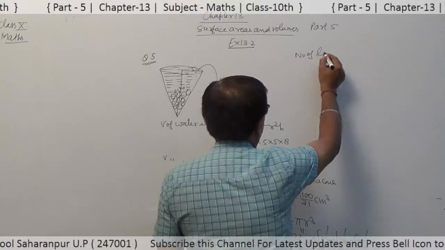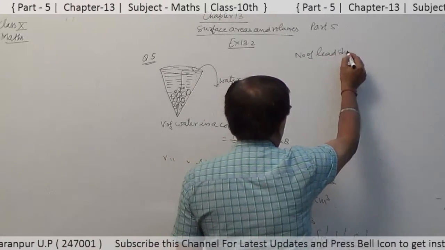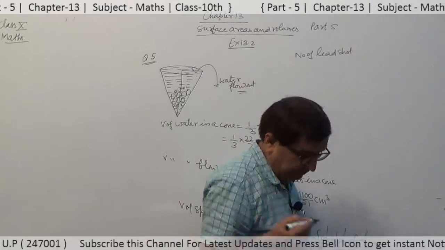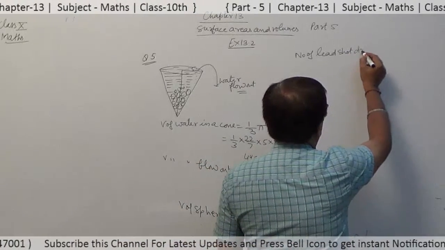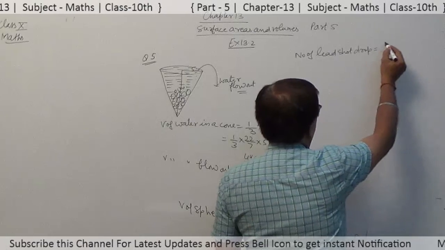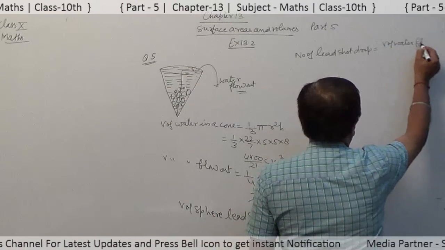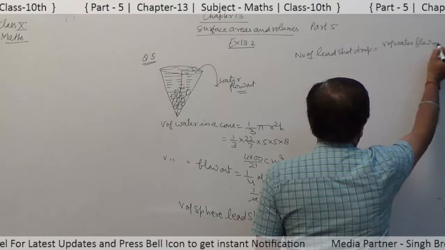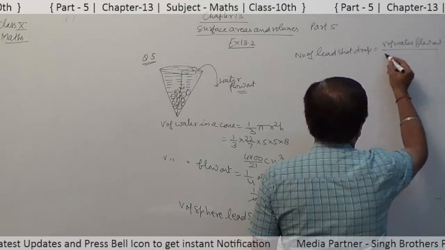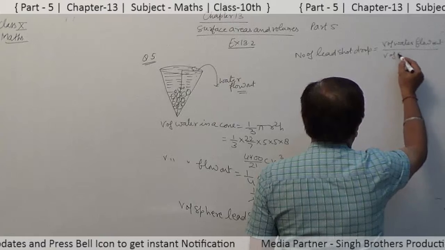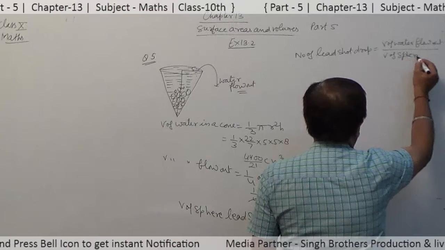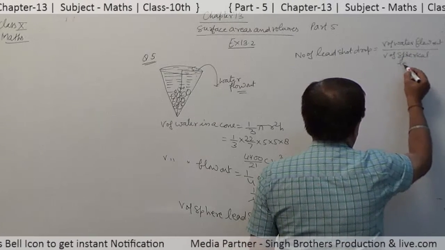The number of lead shots dropped is the volume of water flowed out upon the volume of a spherical lead shot.